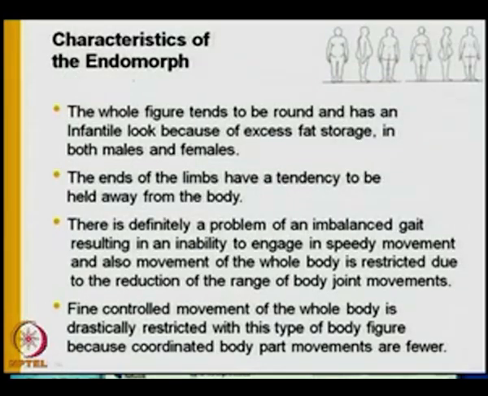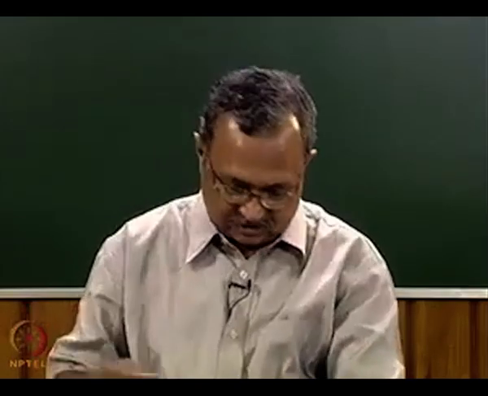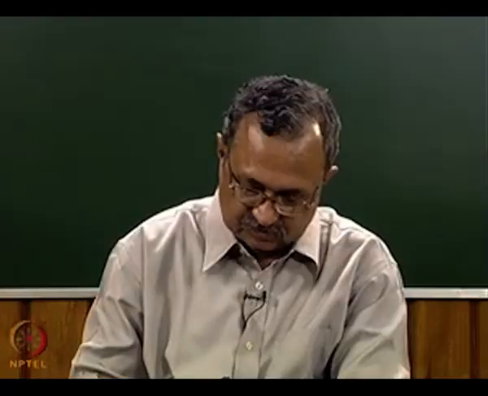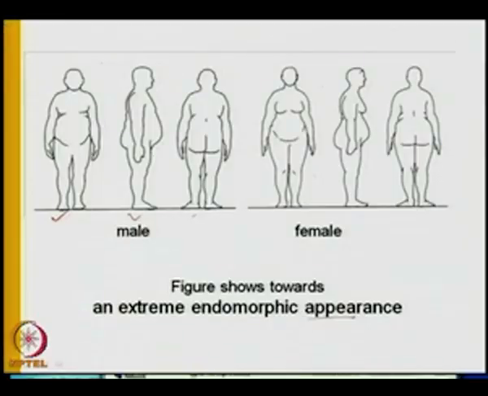The specific characteristics of fatty people: the whole figure tends to be round and has an infantile look, because of excess fat storage in both males and females. The ends of the limbs have a tendency to be held away from the body. When they stand, the hands are normally outside, as we can see in this figure, the hands are going to the outer side.